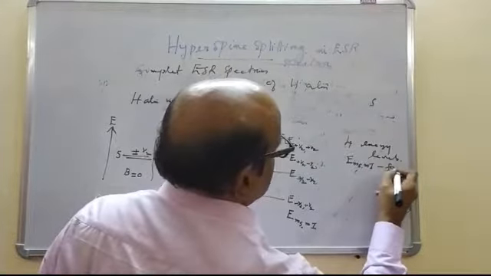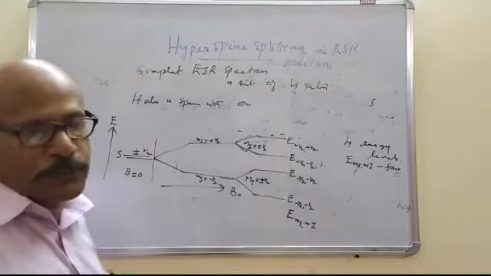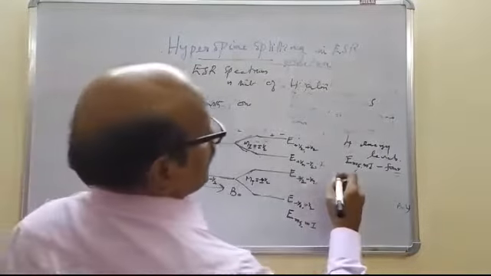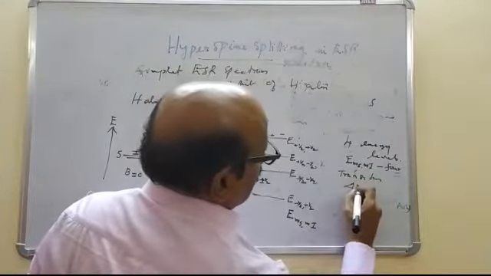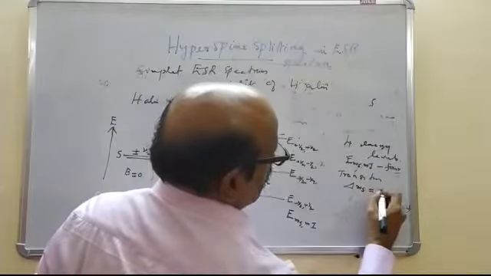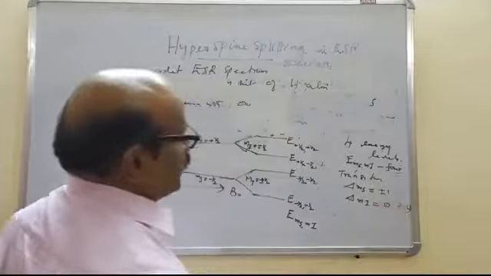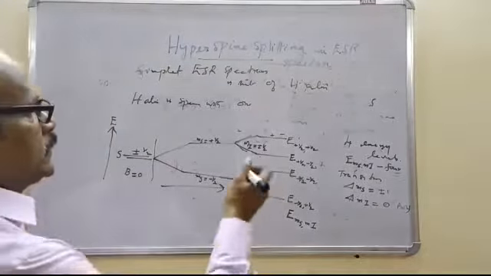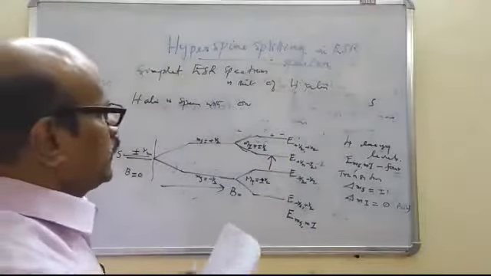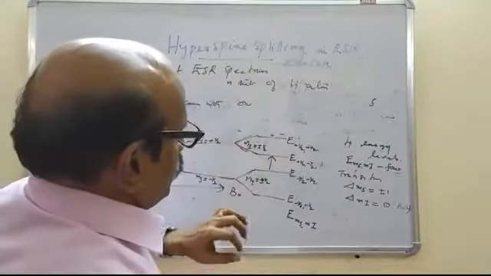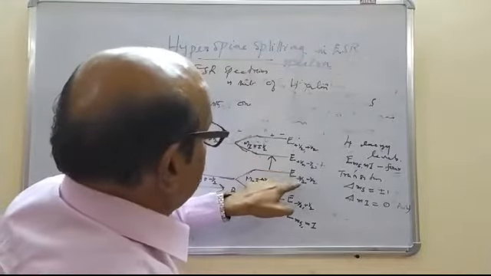So there are four levels, and the number of possible transitions is given by delta Ms equal to plus or minus 1 and delta Mi equal to 0. This controls the transitions; these are the only transitions possible. Okay, this is one transition. You look here, you have plus half, minus half, plus half, minus half.